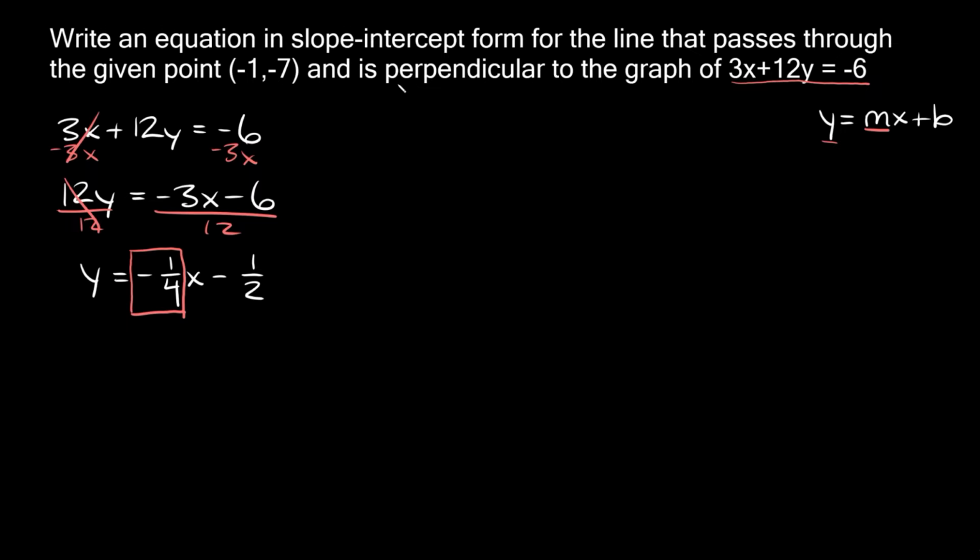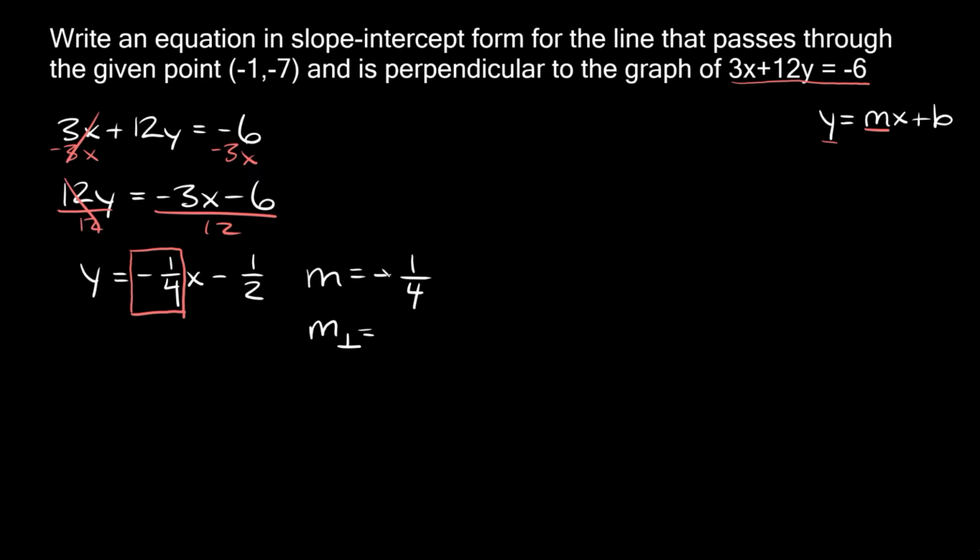Okay, so if we want to find the slope that's perpendicular to this equation, we have to take the opposite reciprocal of our slope. So here the slope is equal to -1/4. But to find the perpendicular slope, we have to take the opposite reciprocal of this.